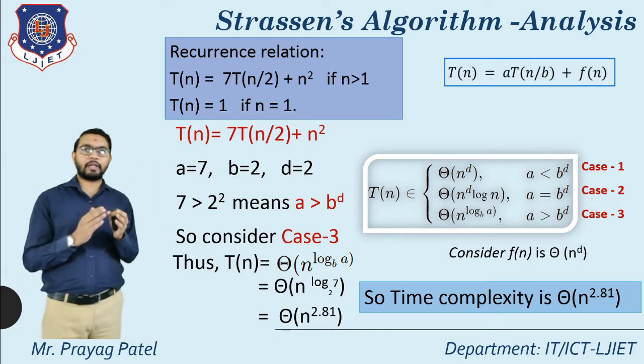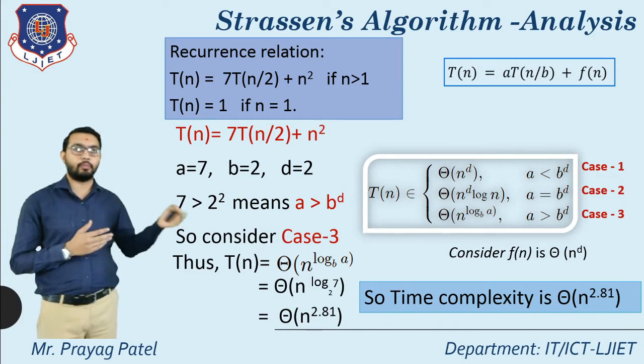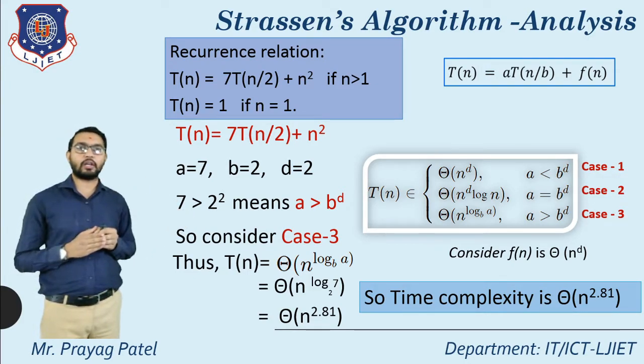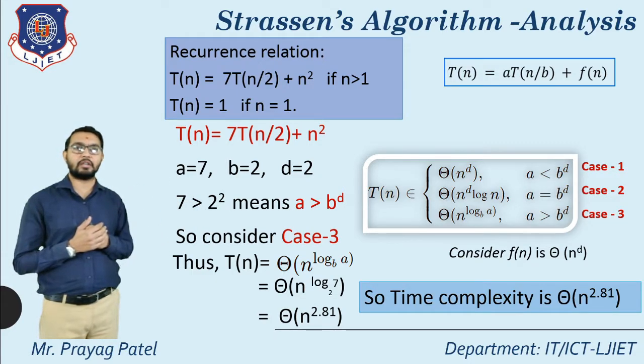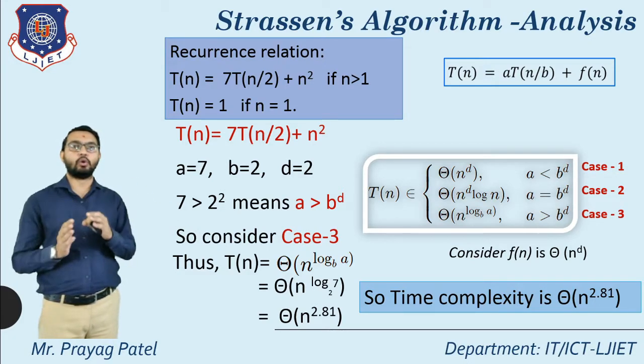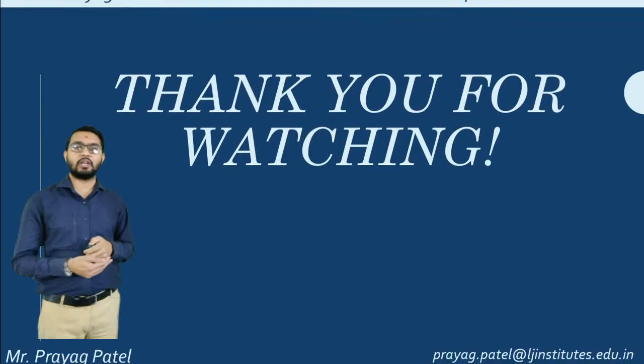If we perform matrix multiplication by the normal method, the complexity is n cube. But using the divide and conquer technique with Strassen's matrix multiplication algorithm, the complexity is n raised to 2.81, which is less than the old algorithm. So this is our analysis of Strassen's matrix multiplication algorithm.